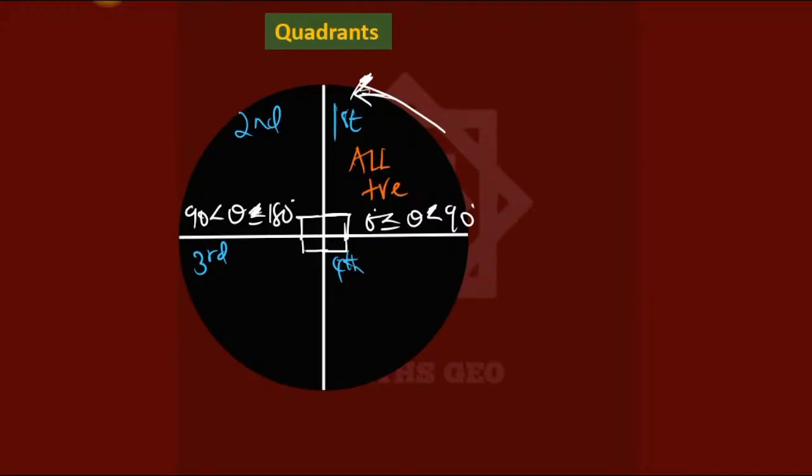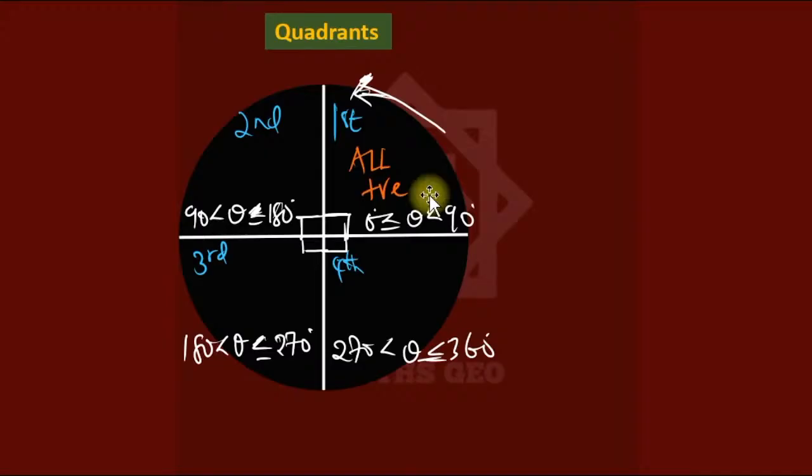So the maximum is 180. The third quadrant, we have angles within this range. The maximum is 270. So anything greater than 180 and less than or equal to 270. While the fourth quadrant, we have from 270 to less than or equal to 360. So these are the ranges of angles in each of the quadrants. So know which quadrant the angle is in.